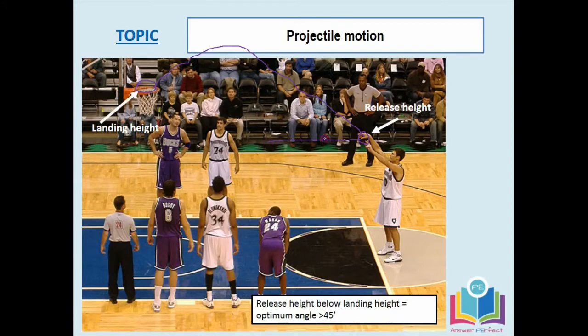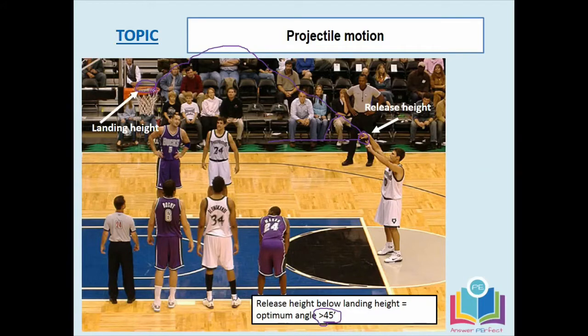This angle here is the angle of release. When the release height is lower than the landing height, the optimal angle has to be more than 45 degrees. So this has to be higher in order for it to get higher to drop in.